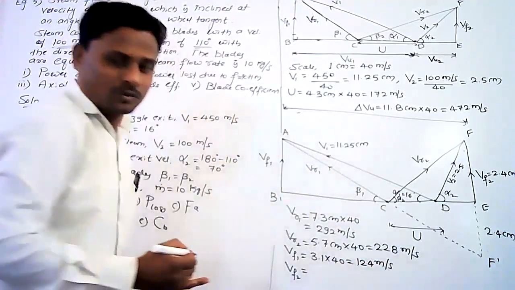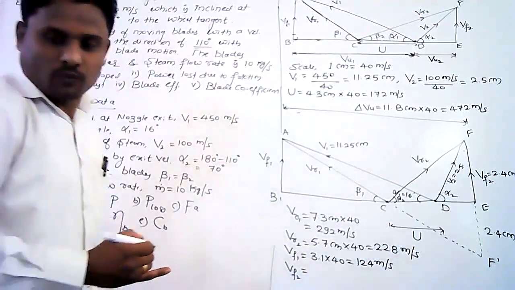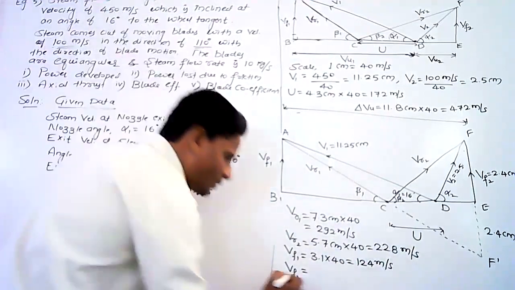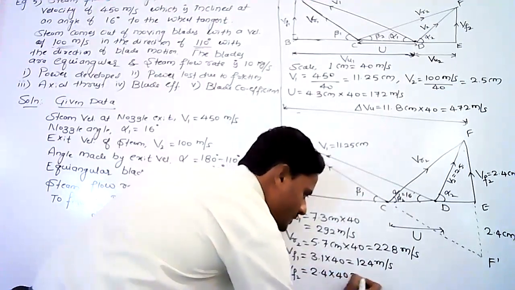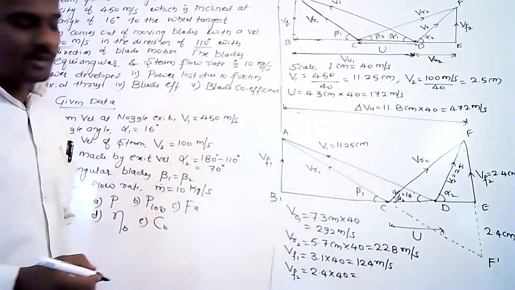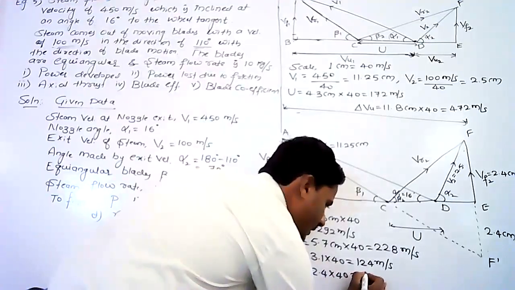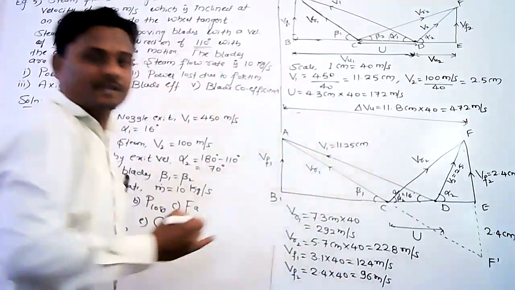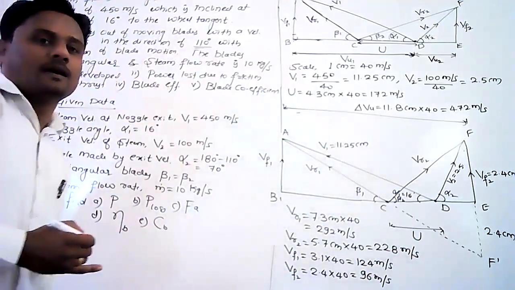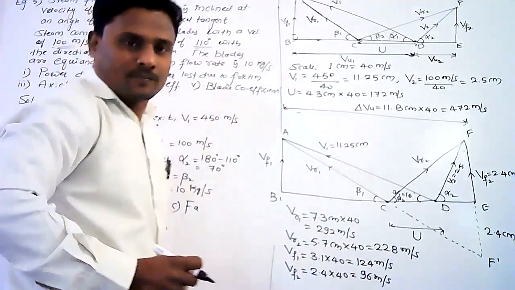Similarly, VF2 equals 2.4 centimeters. 2.4 into 40 equals 96 meter per second. Hope this is clear.